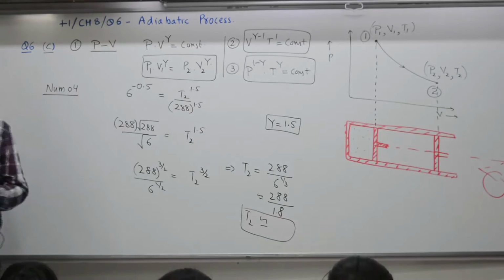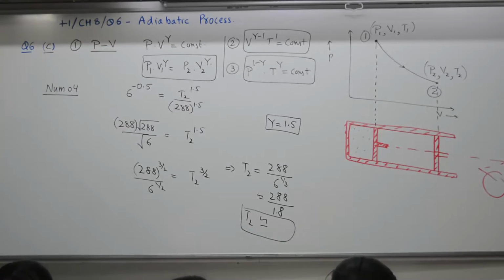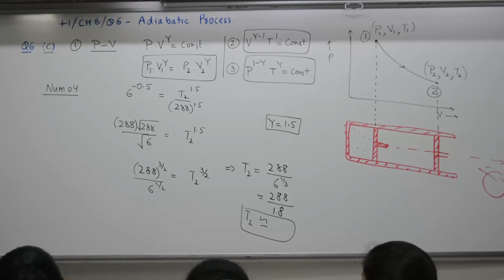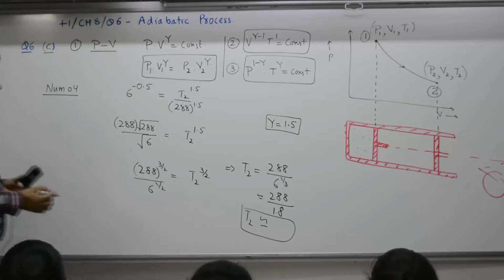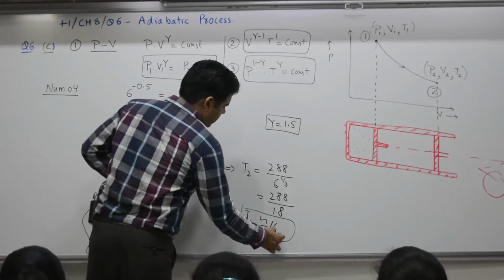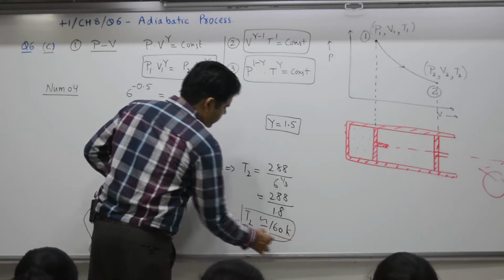In Kelvin, 288 by 1.8 in Kelvin. Approximately 160. It is approximately 160 Kelvin.